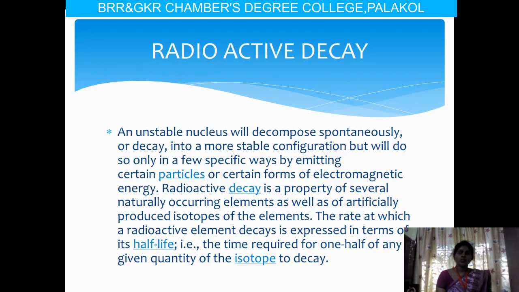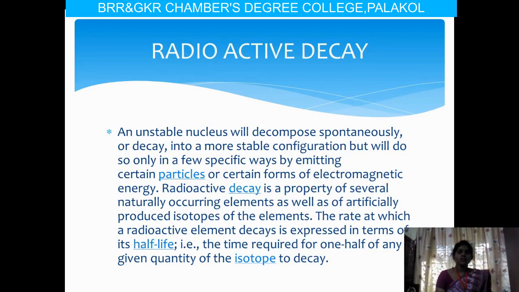It will decompose spontaneously or decay into a more stable configuration, but will do so only in a few specific ways by emitting certain particles. So radioactive decay is the property of several naturally occurring elements as well as artificially produced isotopes.